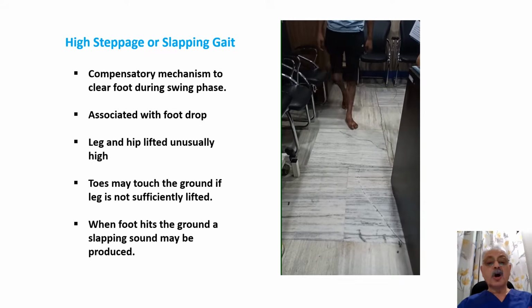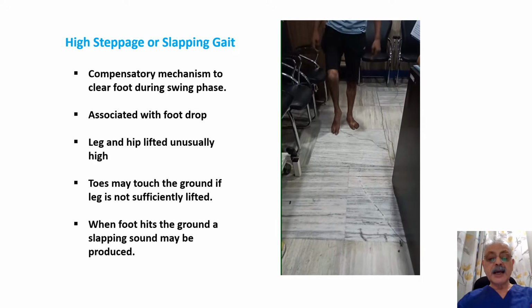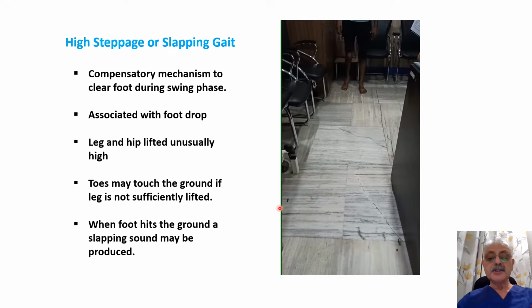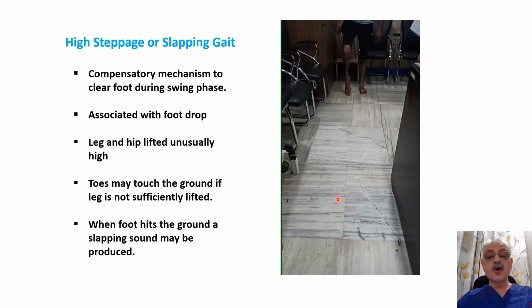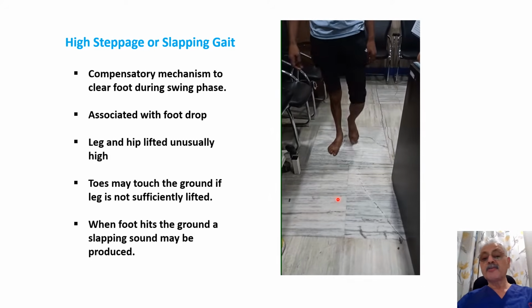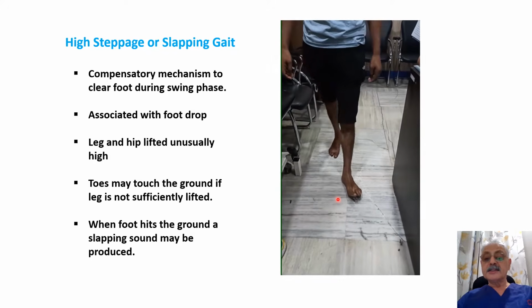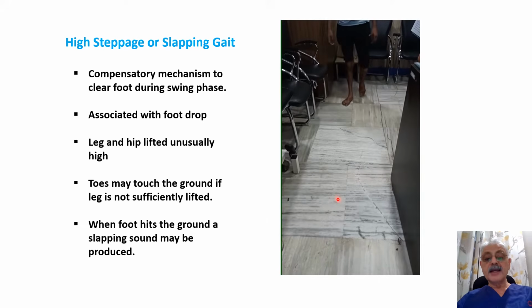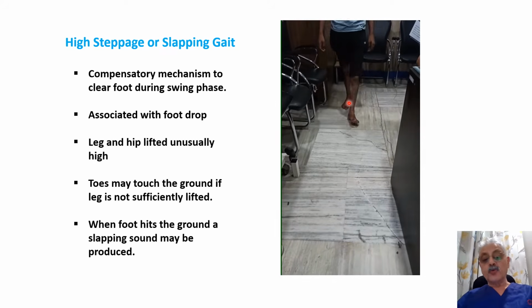It is not uncommon to see patients with a foot drop in the clinic, and these patients present with a high steppage and slapping gait, which is a compensatory mechanism to clear the foot during the swing phase. In this patient, you see the leg and the hip are lifted unusually high when he is walking.